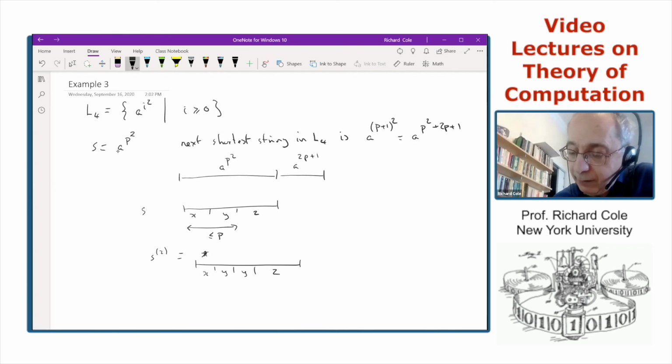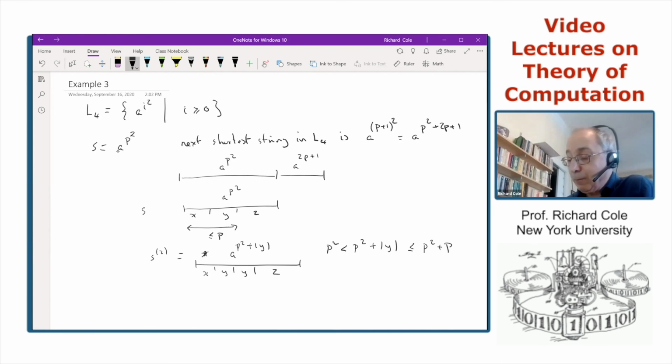And how long is this? Well, S is a to the p squared in length. This is a to the p squared plus length of Y. And I observe that p squared plus length of Y is strictly greater than p squared because Y has length at least 1. And it's at most p squared plus p because XY has length at most p and therefore Y has length at most p.